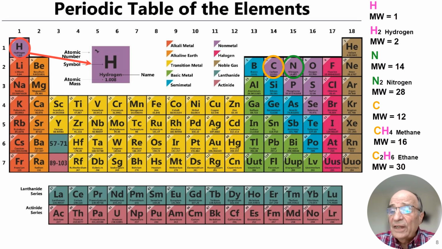Now, you're not going to find nitrogen by itself. It'll always be N2. You can find carbon by itself, and you can find a molecule of CH4, that's methane. You can find a molecule of ethane, molecules of propane, molecules of hydrogen, and that's some of what we're going to be discussing as we move forward in this course.